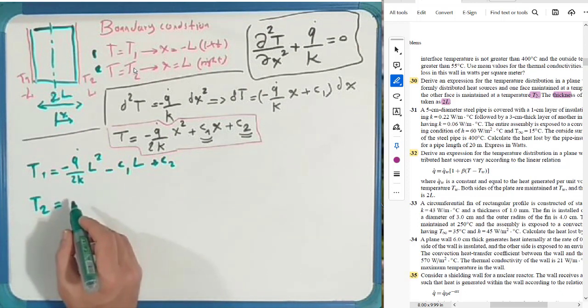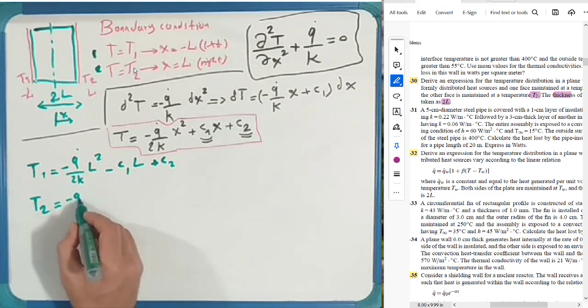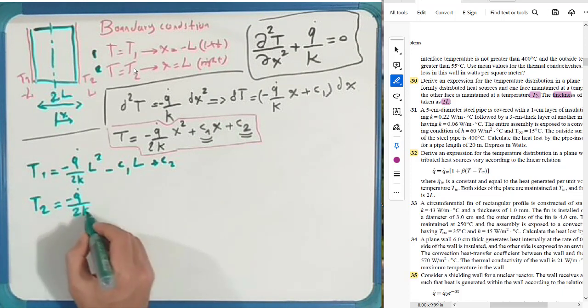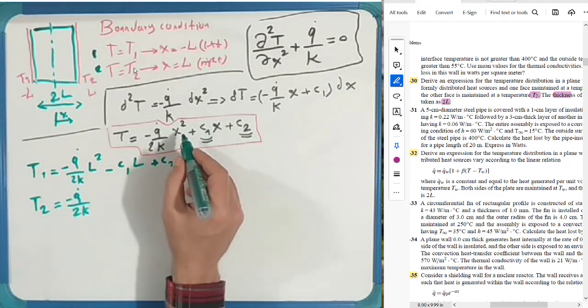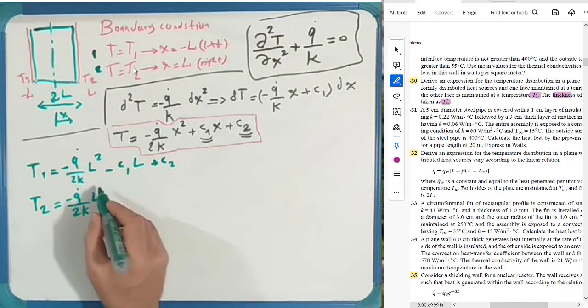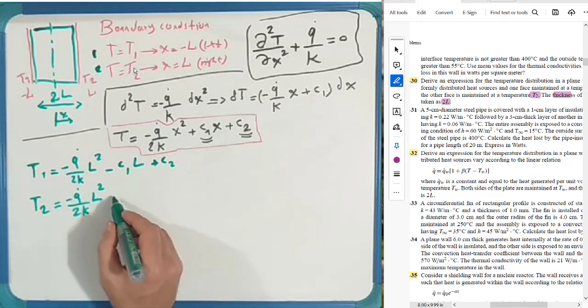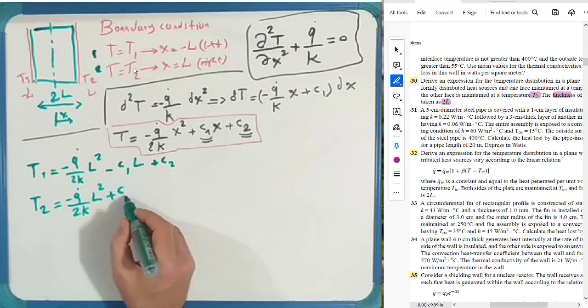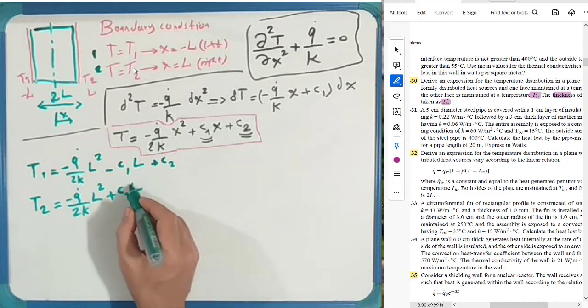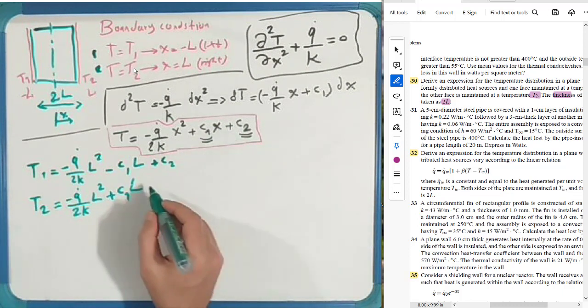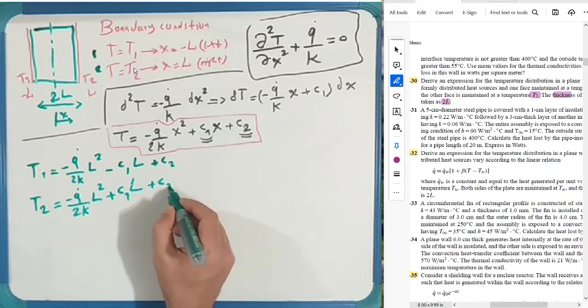T2 equals minus Q dot over 2K, x squared will be L squared, plus C1 L, because I should put L in place of x, plus C2.